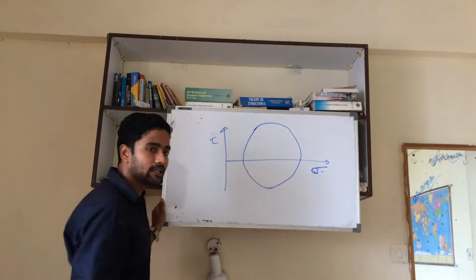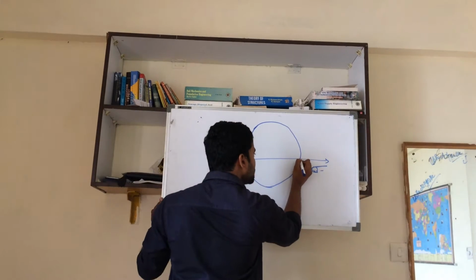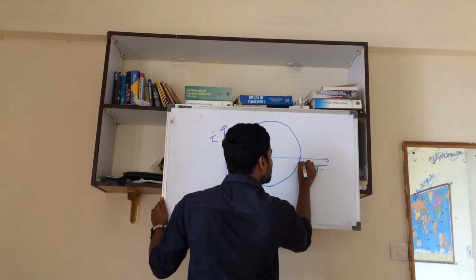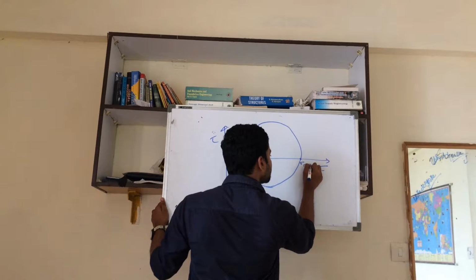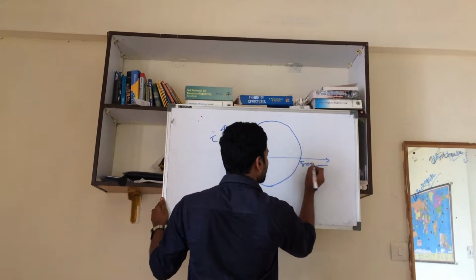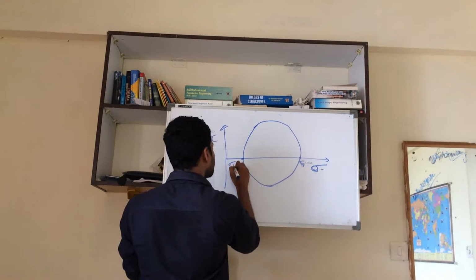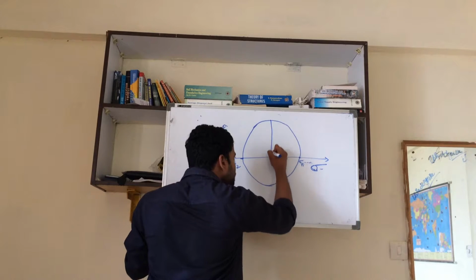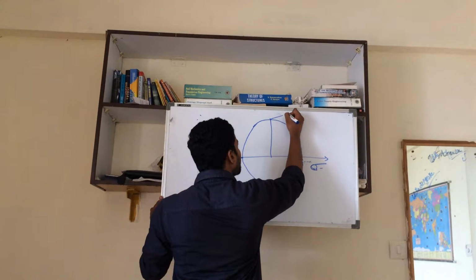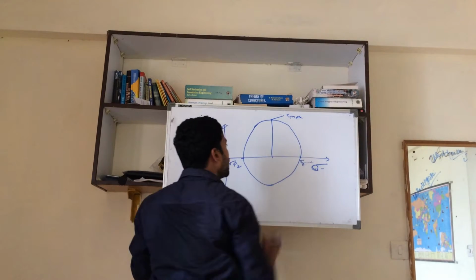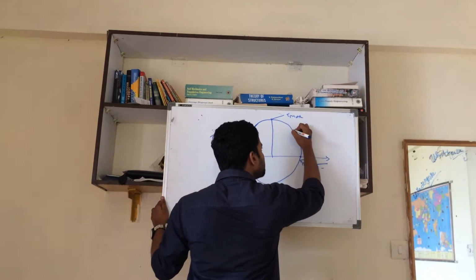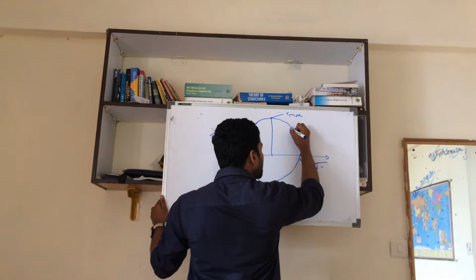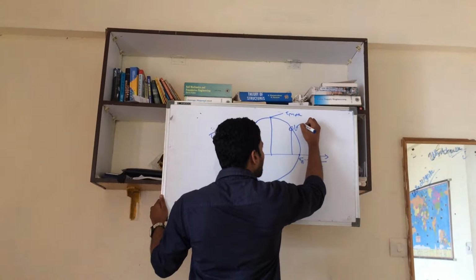The circle touches the sigma axis at 2 points, and tau would be equal to 0 at these 2 points. So this would be sigma max or sigma p1, maximum principal stress, sigma p2, and this is the tau max. Any point on this circle represents a plane, and the coordinates of this point would be sigma and tau.